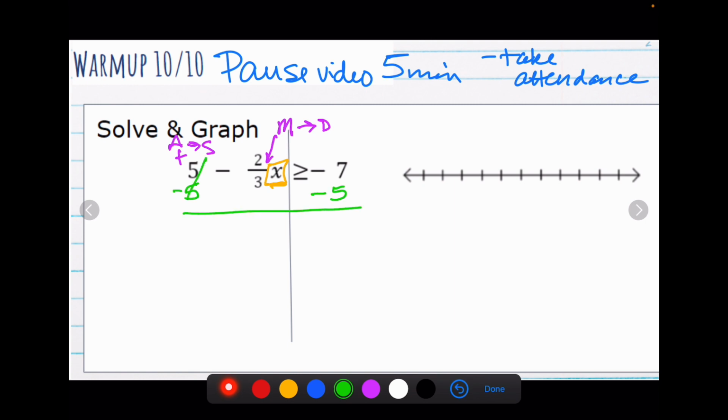And then the 5s on the left-hand side are going to cancel out, and I need to bring everything else down. When I bring this down, I don't forget that that negative needs to come down also, so this is a -2/3 x greater than or equal to, and we need to figure out what this is right here. So are my signs the same or different?